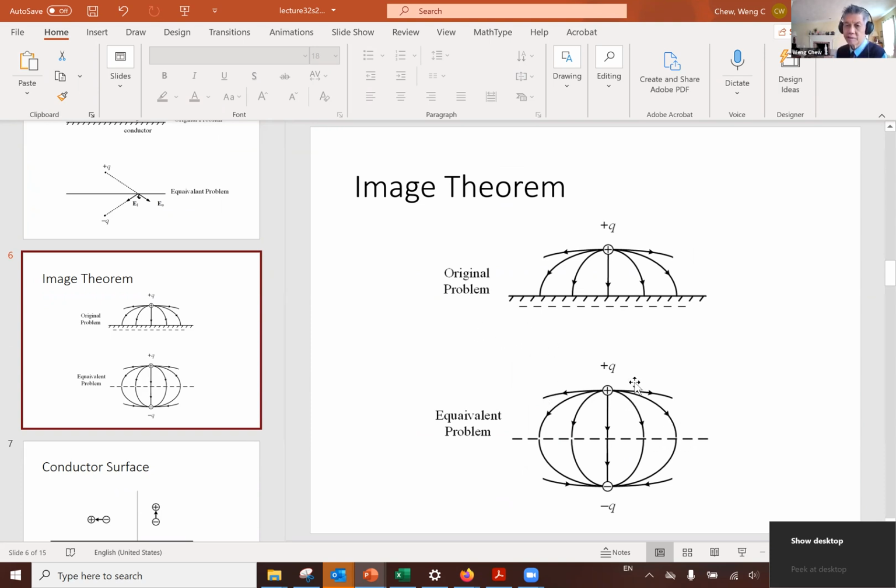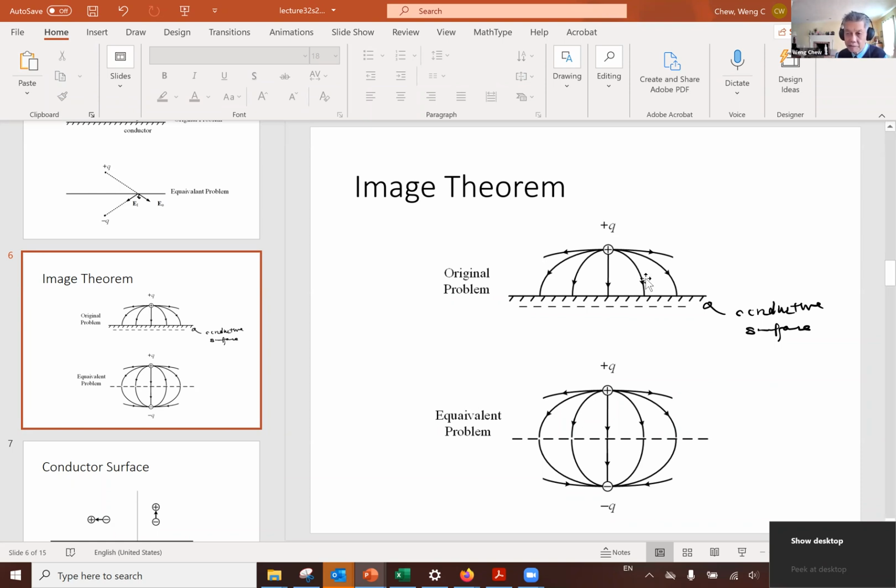In other words, the electric field produced by this problem of a positive charge together with a negative charge has the same form as the electric field of a positive charge on top of a PEC surface, or not necessarily PEC, just a conductive surface.